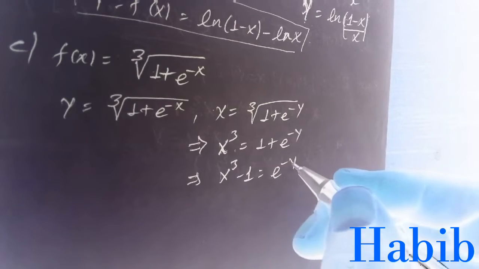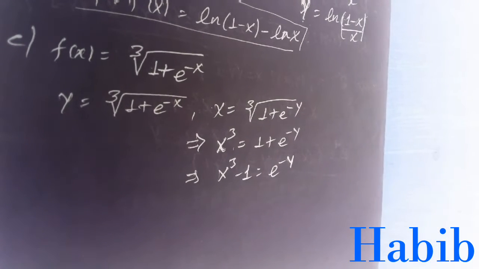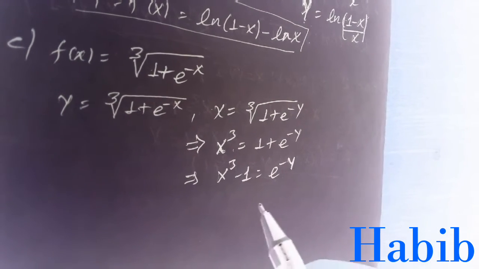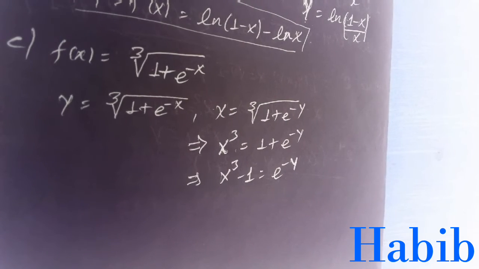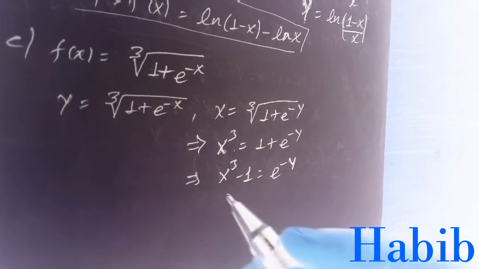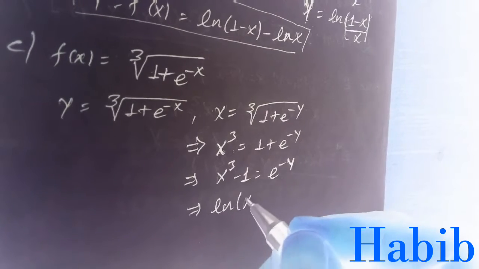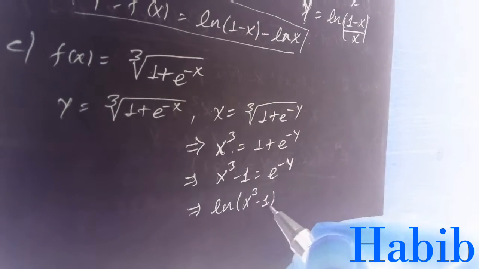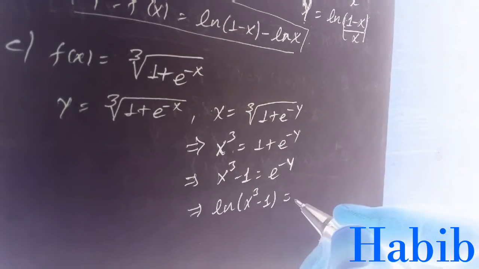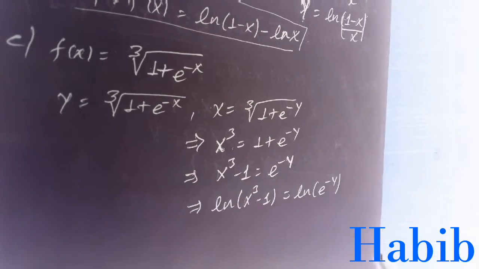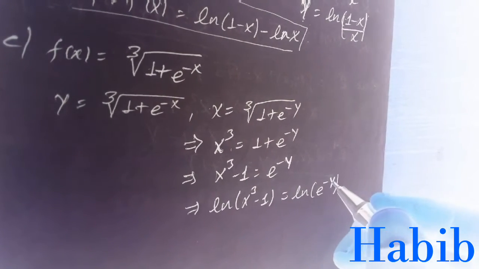When we take the natural logarithm of both sides, we get ln of (x cubed minus 1) equals minus y times ln e, and ln e is 1, therefore minus y.